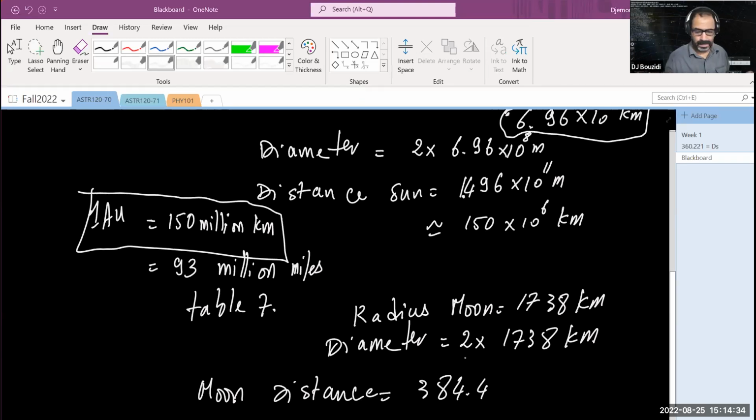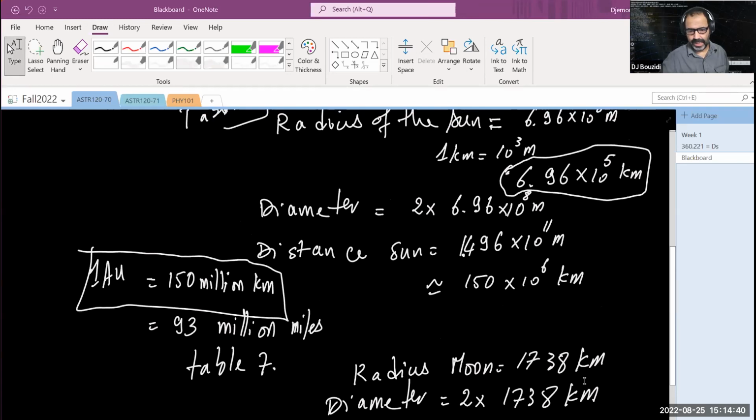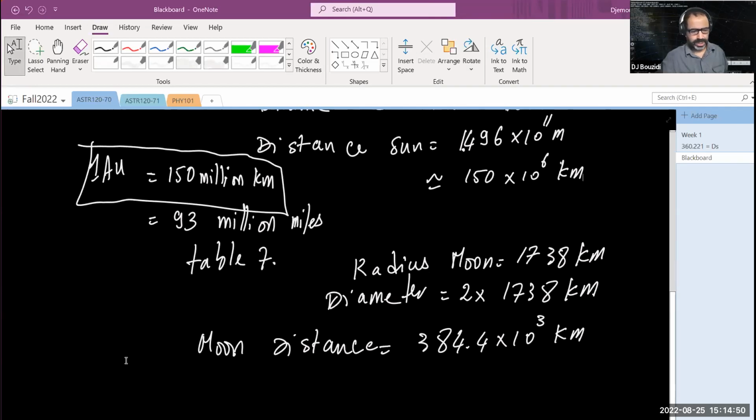If you look at the table on the top, it says 10 to the power 3 kilometers. So I have to restore that kilometers. So again, I need this number in kilometers, not in meters. I can use the 1.49 or 150 million is good enough, okay, for the sun. Here is the question then.